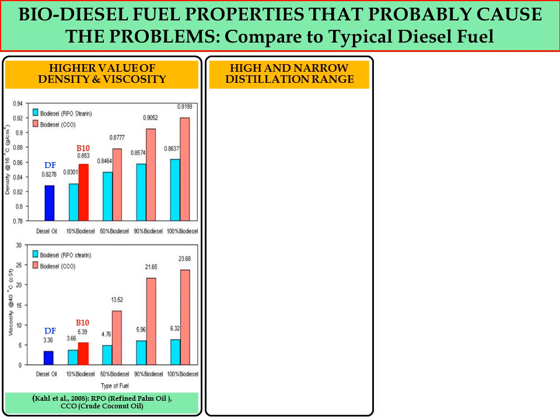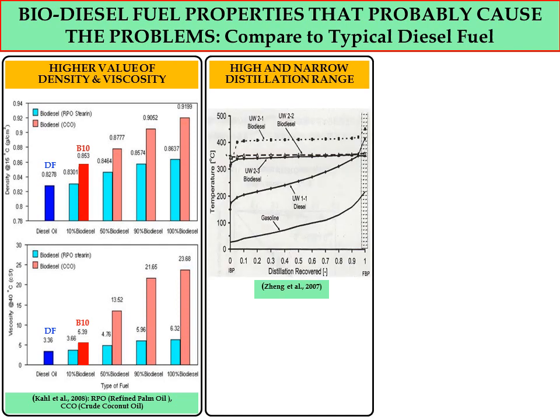The second one is the higher and narrow distillation range, as shown in the figure. The figure shows the relationship between temperature and distillation recovered. We have a number of graphs for biodiesel and diesel fuel. The distillation temperature for biodiesel is higher compared to diesel.